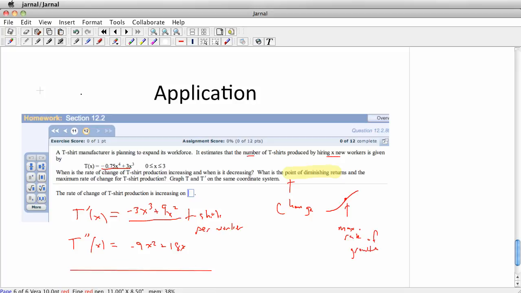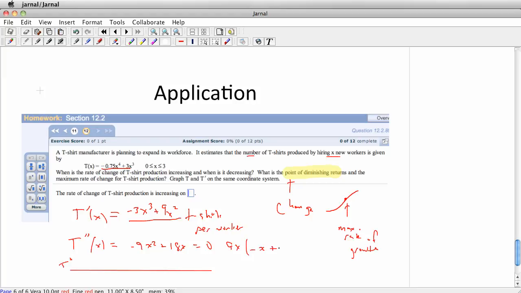On our sign chart, the first thing we need to do is figure out where whatever we're trying to find the sign chart for is equal to 0. To solve that, I need to factor. So I find a common factor of 9x. Both of these terms have 9x. The first term leaves behind a minus x.